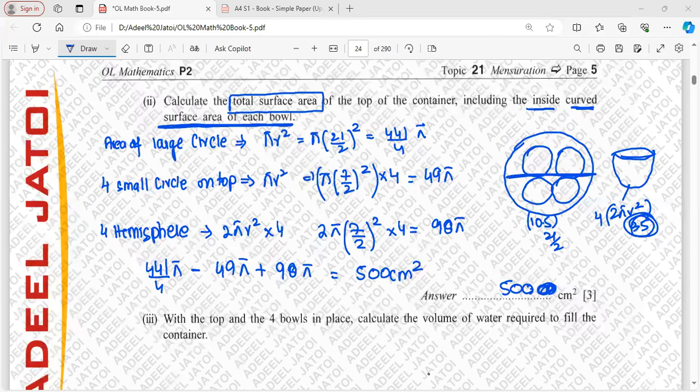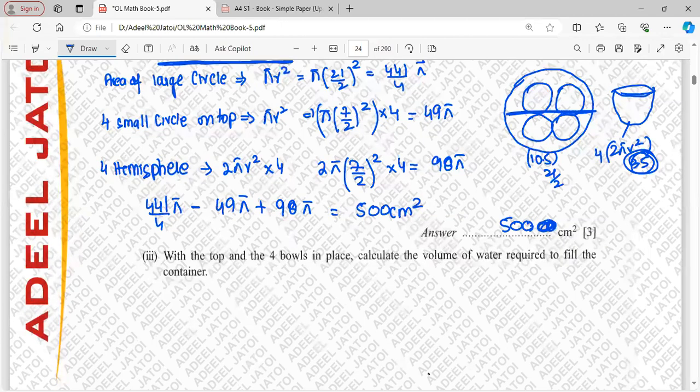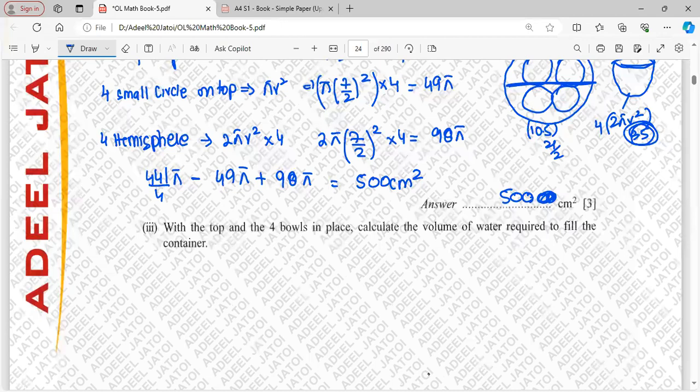Now part 3 says, with the top and 4 balls in place, calculate the volume of the water required to fill the container. Now, you need to understand this; it's very important to understand what is happening here.